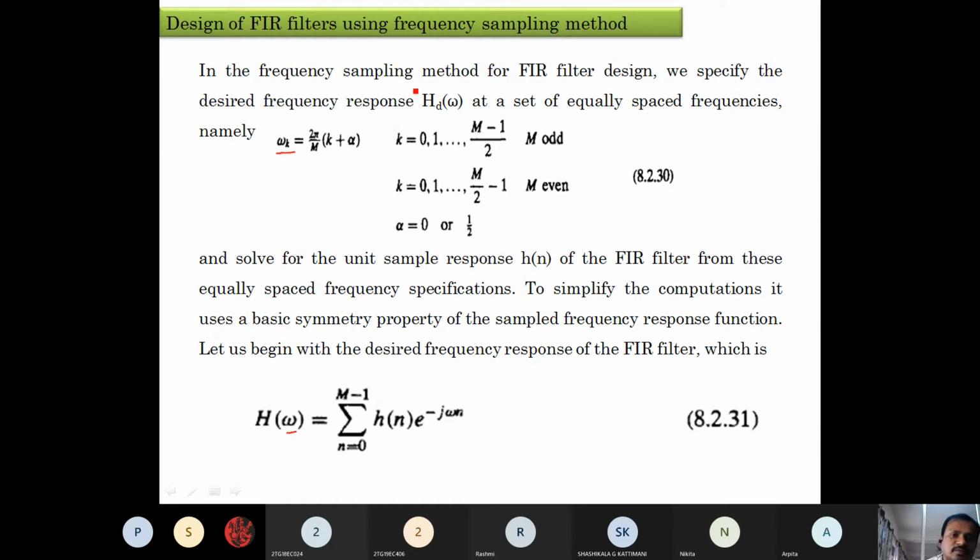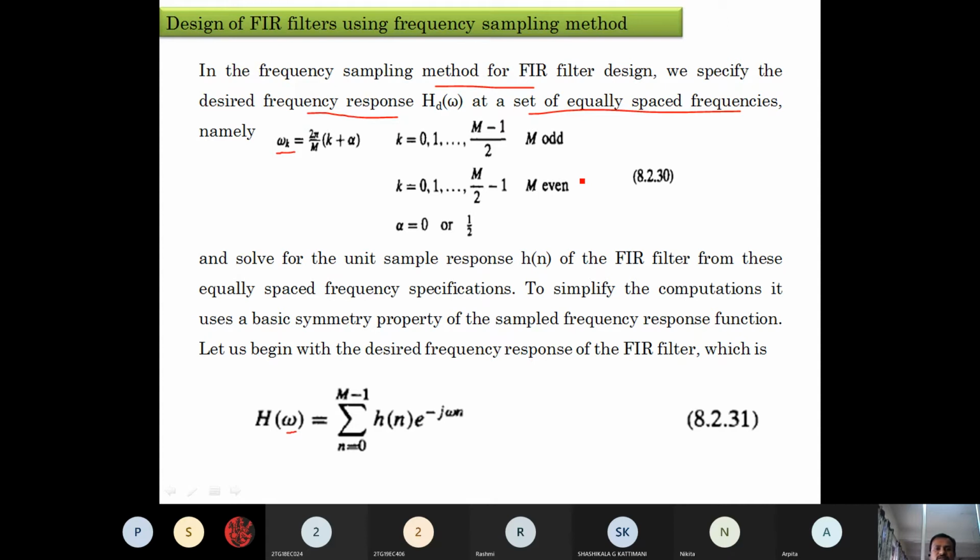In the frequency sampling method for FIR filter design, we specify the desired frequency response, that is HD of omega, at a set of equally spaced frequencies. Obviously, whenever we are performing the sampling concept, we concentrate on equally spaced elements, equally spaced frequencies, or equally spaced timing.